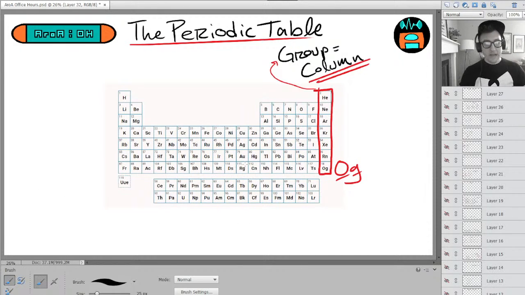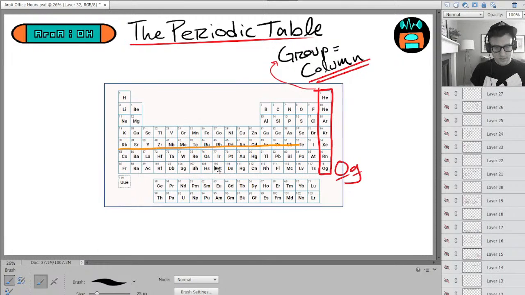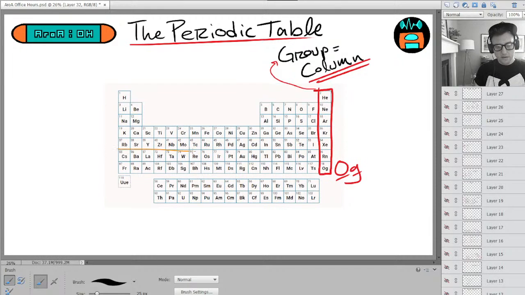When we talk about a row on the periodic table, oops, there's some drift there. Watch this. You want to see a cool straight line? Boom. How did I do it? With the magic of Photoshop.